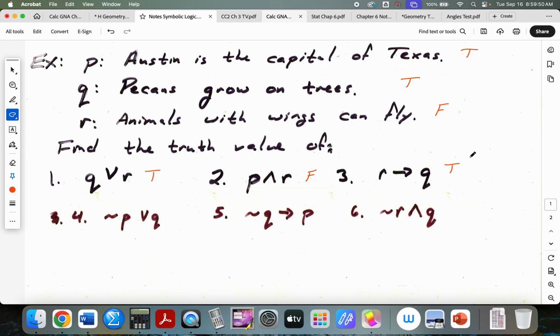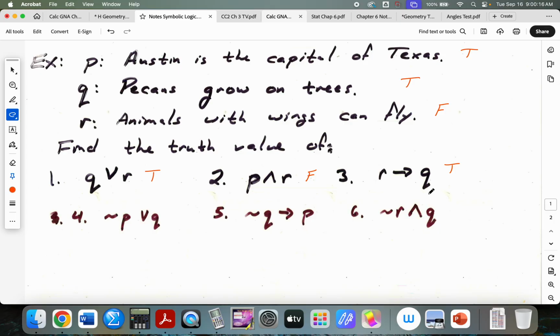In fact, if there's a false hypothesis, it doesn't matter what the conclusion is. Again, think about what this is saying. This is saying that if animals with wings can fly, well, that doesn't ever happen, then Austin is the capital of Texas. Since this never, ever, ever happens, you can't prove that it's a lie.